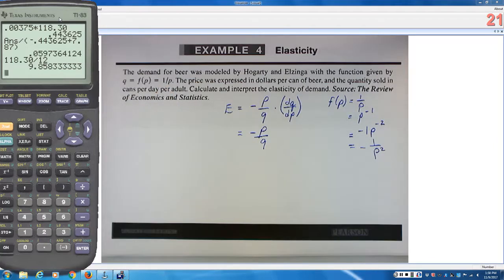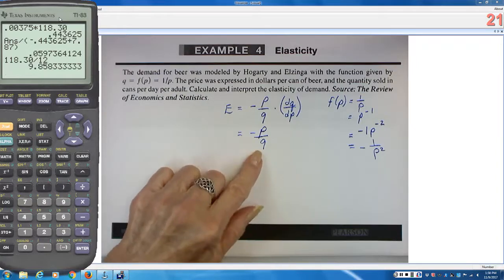It'd be negative 1 over p squared, right? Sometimes it's worth it to actually simplify something.